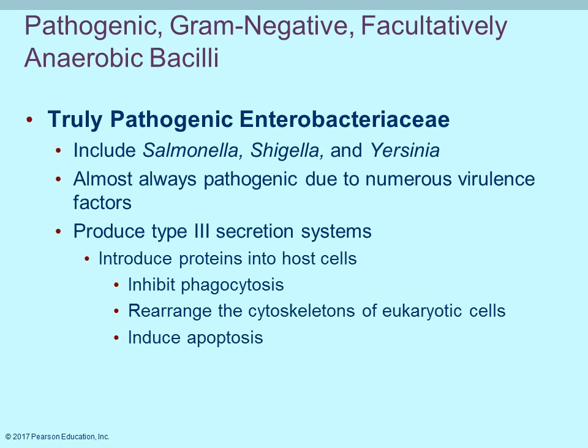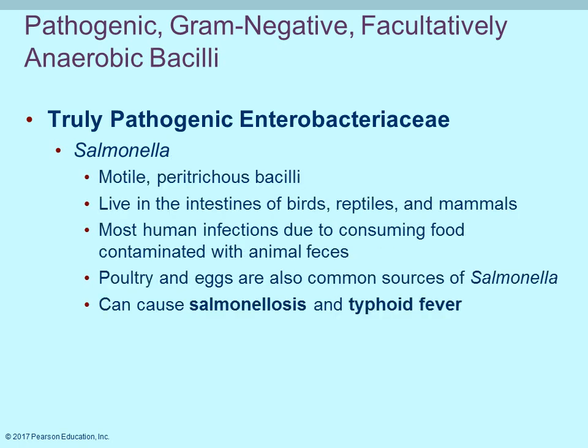They can secrete proteins that are going to interfere with the host cell. Some of these proteins will inhibit phagocytosis, allowing the bacteria to survive. Some of them actually secrete other proteins that start to rearrange the cytoskeleton in your cells, and it can also induce apoptosis, which is cell death.